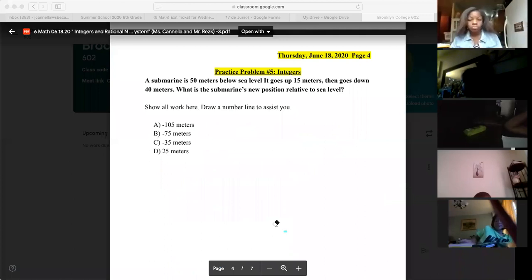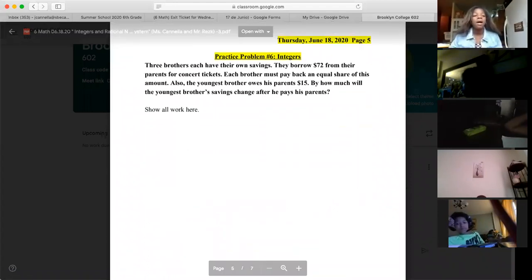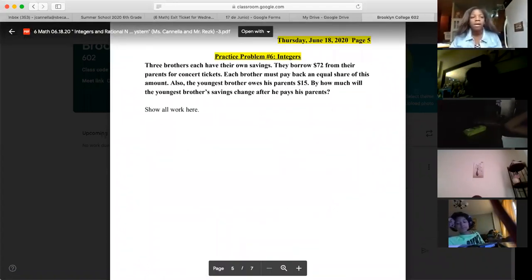Moving on. Okay, we're going to do the last problem here, number 6. Esther, read this one, because then Kira and Kamora are going to do the exit ticket problems. Three brothers each have their own savings.